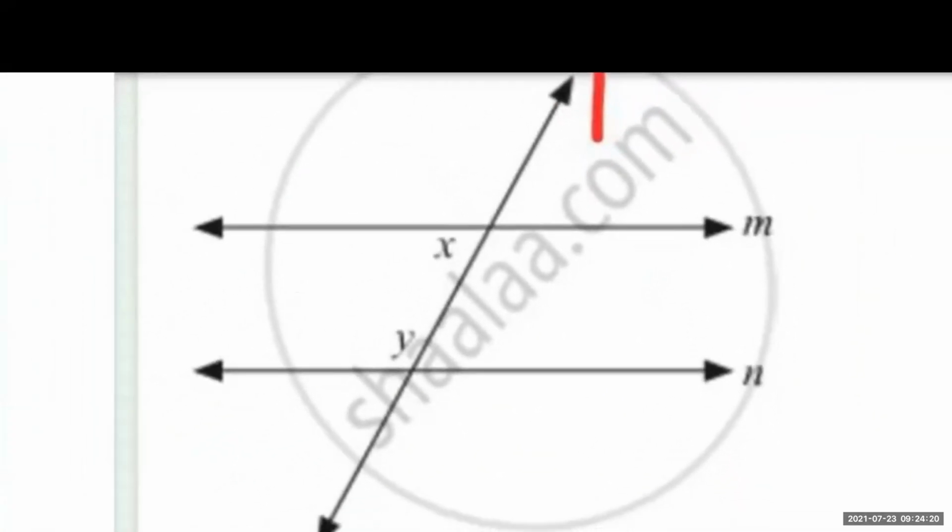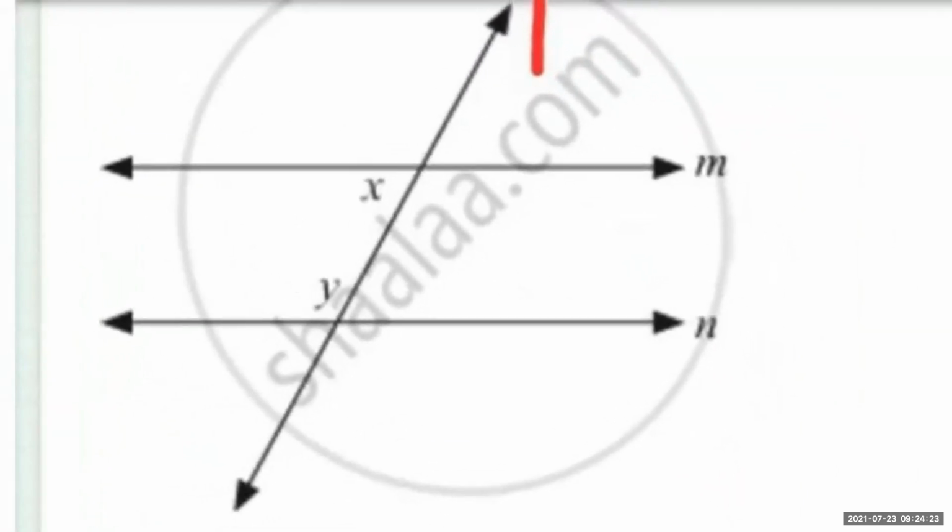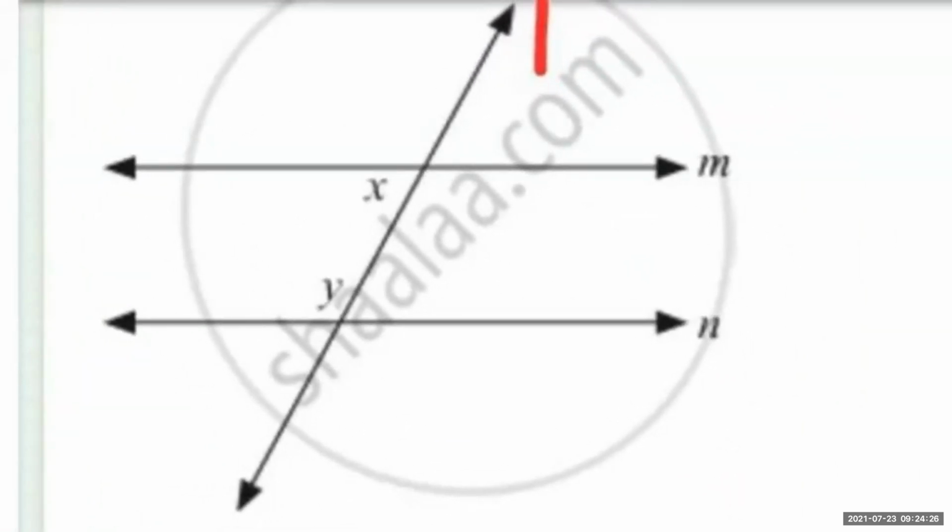Now, if you observe the diagram carefully, you can say that these two angles, angle X and angle Y, are interior angles. And what is the test of interior angles? That if the interior angles on the same side of the transversal are supplementary, then the two given lines are parallel.